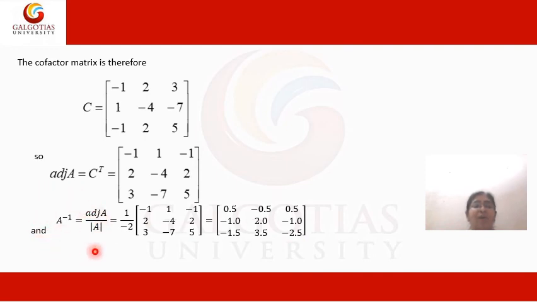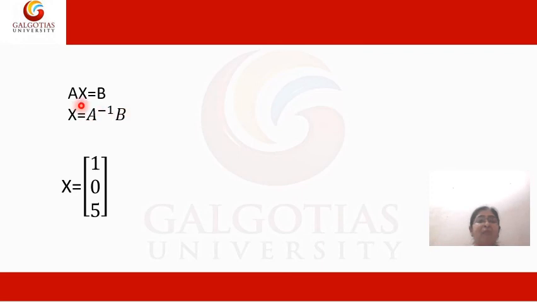Now what do we have to find? We have to find the values of x, y and z. We know that AX is equal to B. So taking A inverse on both sides, we get X is equal to A inverse into B. Multiplying the entries of A inverse with the entries of column matrix B, we will get the matrix X as [1; 0; 5].